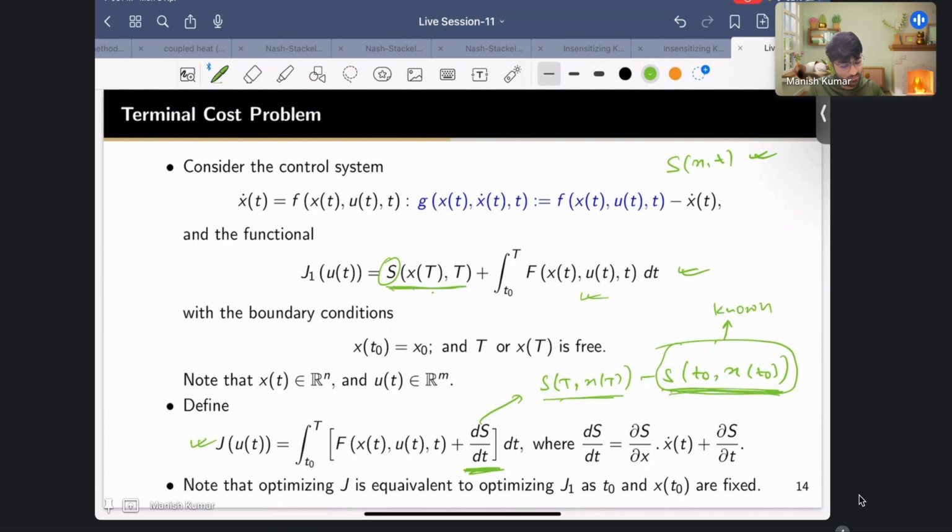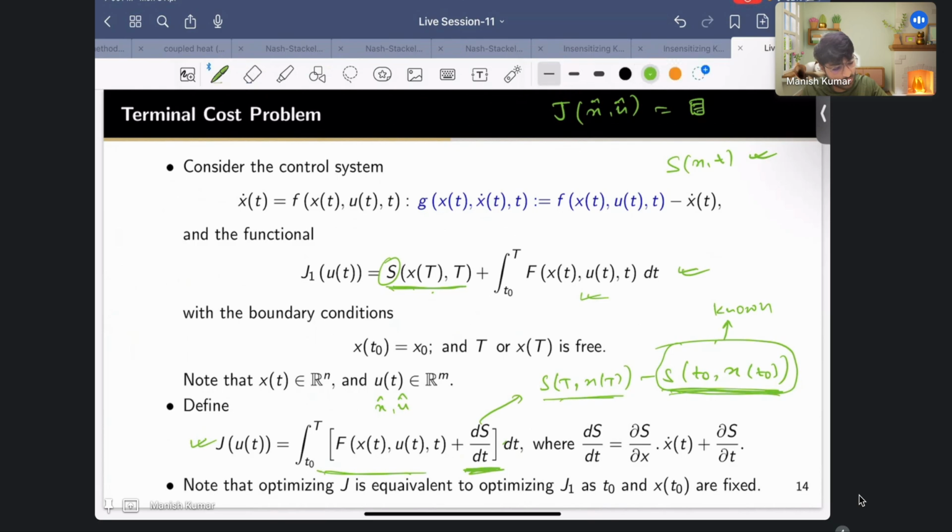If you can get x hat, u hat which minimizes this functional, then when you calculate J of x hat, u hat, you'll get some value. Now you just have to subtract this one.